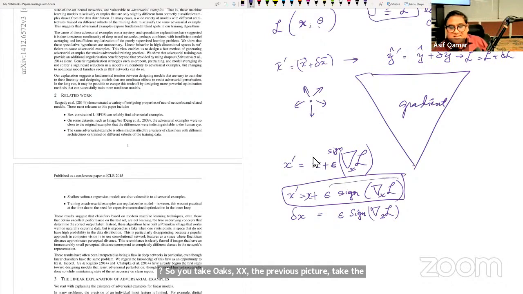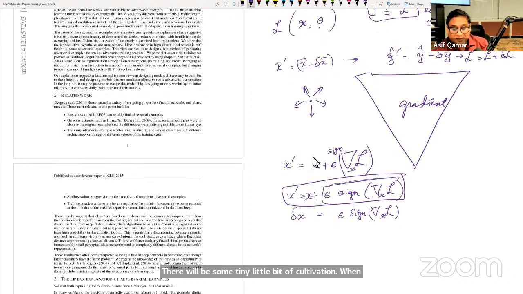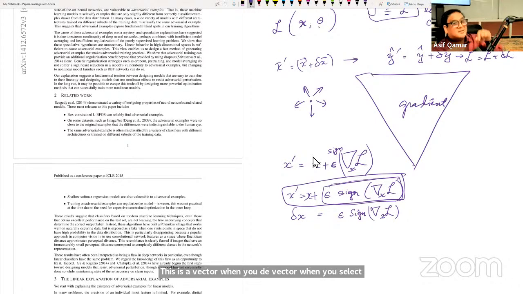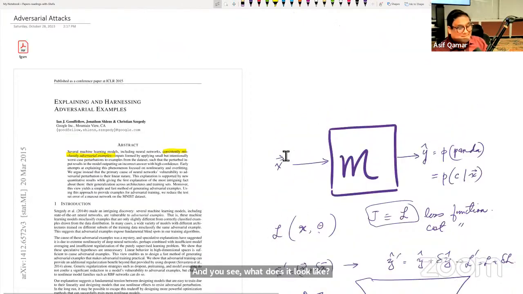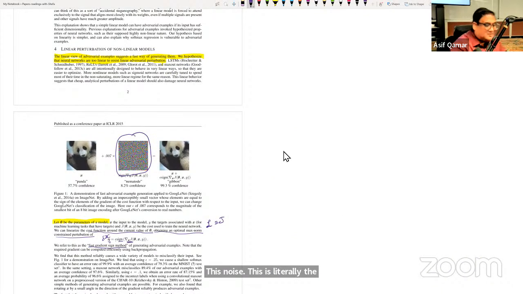But when you look at it on each of the axes, which is actually each of the pixels, there will be some tiny little bit of perturbation. When you try to visualize that perturbation as a picture, because this itself is a vector, when you reshape it into a square or rectangle and see what it looks like, it will look like noise. This is literally the matrix. That is it. So you see them doing that.